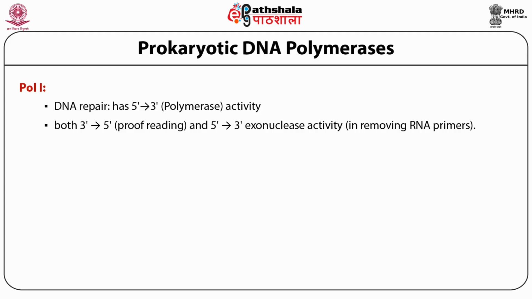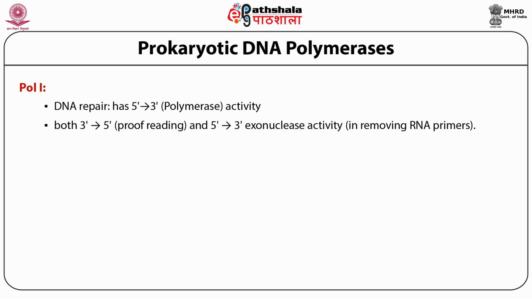This means that the DNA polymerase 1 has the 3' to 5' exonuclease activity which is responsible for proofreading activity. At the same time, it also has 5' to 3' exonuclease activity which is very important to remove the RNA primers which were initially formed during replication so that they can be replaced by DNA.